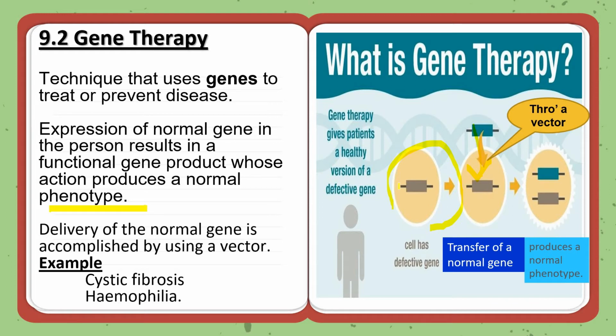So this is carried out through a vector. We can take the example of cystic fibrosis and hemophilia. In these two, the main thrust of gene therapy has been directed at correcting single gene mutation. At present, most genetic diseases have no effective treatment and gene therapy could offer hope to many people.